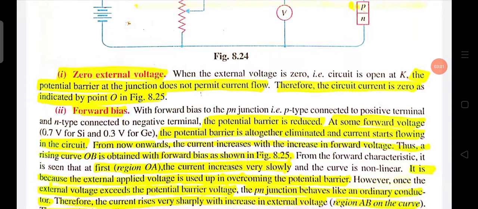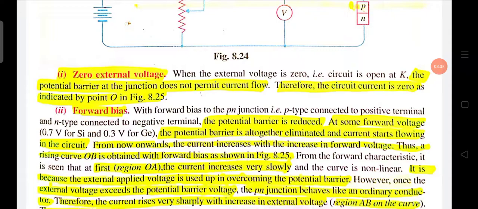Also, in forward bias, the depletion region, the potential barrier, decreases gradually and is eliminated at a stage, and at that stage current flows in the circuit due to the crossing of charge through the potential barrier.